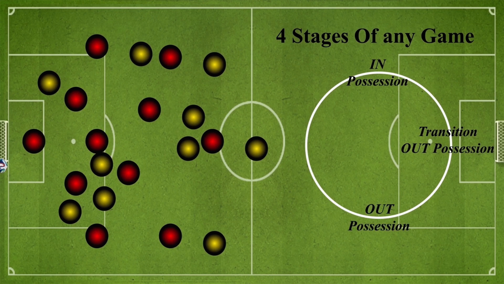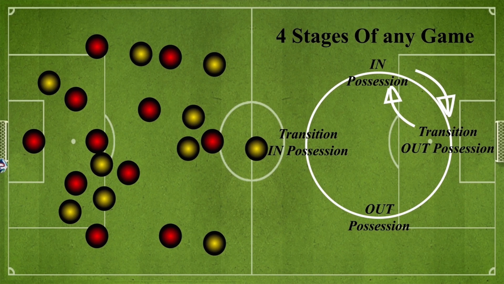Now there are 4 stages in any game. You have your in possession stage, you have your transition towards out of possession, you will be out of possession, and then you have a transition to in possession, and then you finally get the possession. Any game has these 4 stages, so you have to be creative enough to stay in these two regions.